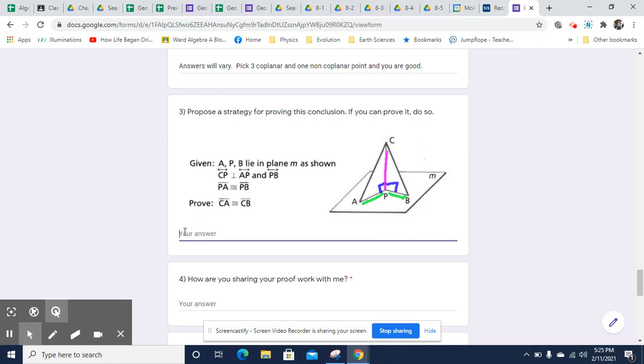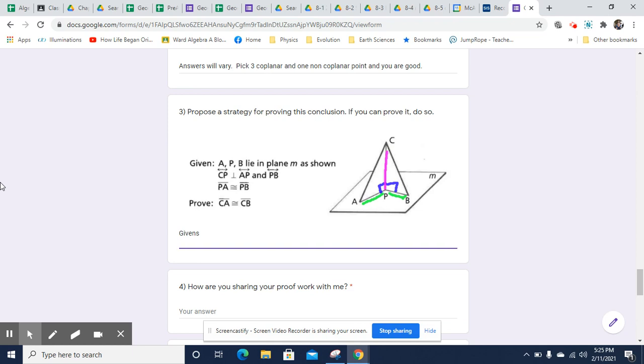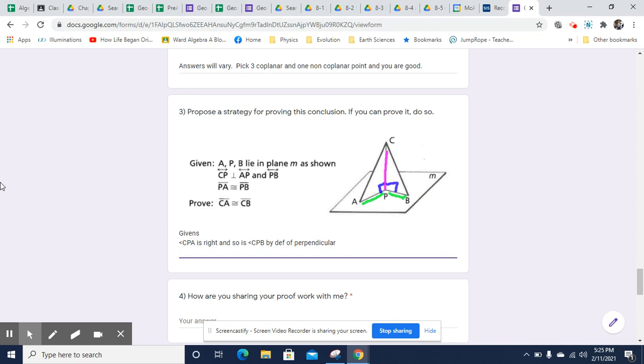So let's go through the steps. After the givens, we can say that angle CPA is right, and so is angle CPB, by definition of perpendicular. And that's because CP is perpendicular to both of those.